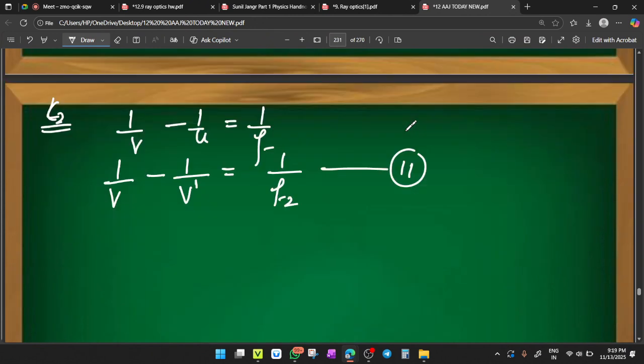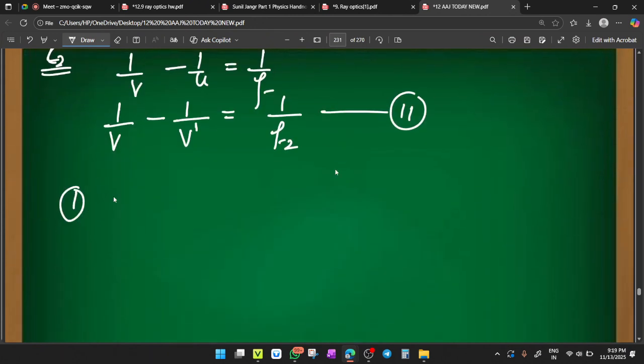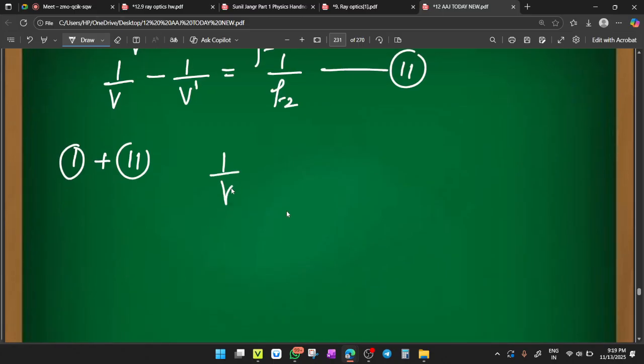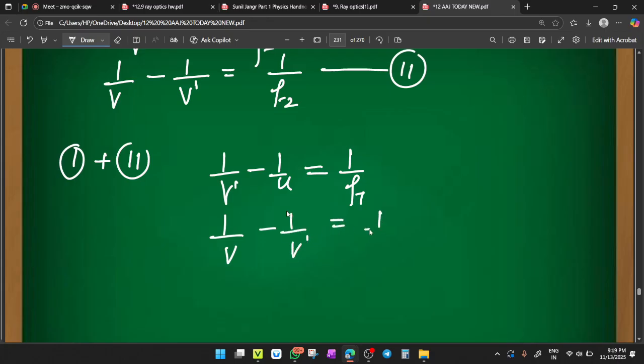Now add them, equation number 1 plus 2. On adding 1 plus 2, you will get 1 upon V dash minus 1 upon U equals 1 upon F1, and here 1 upon V minus 1 upon V dash equals 1 upon F2.